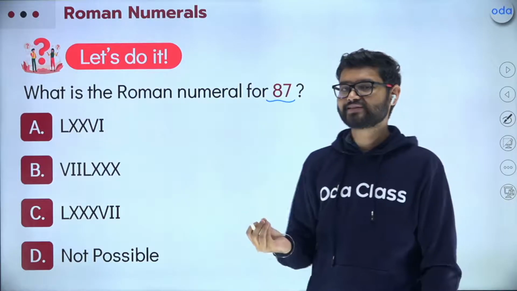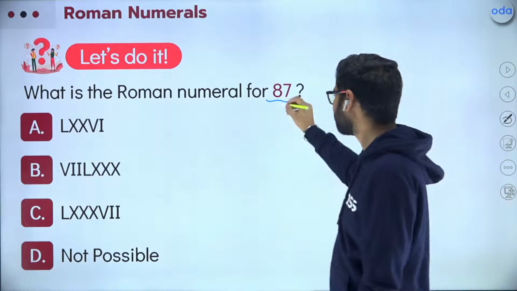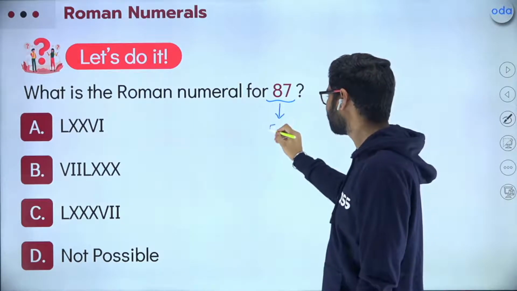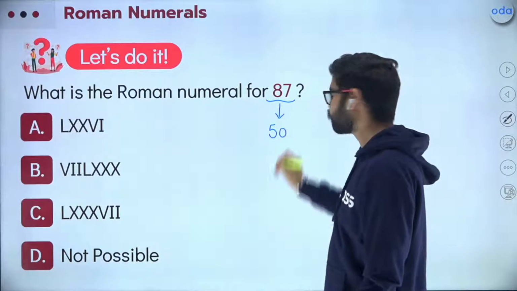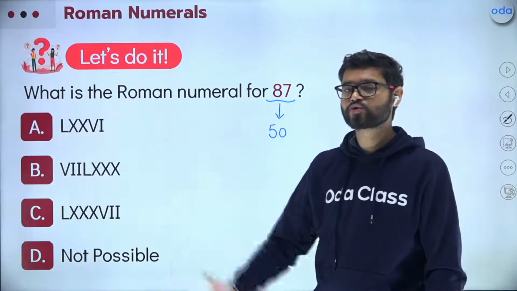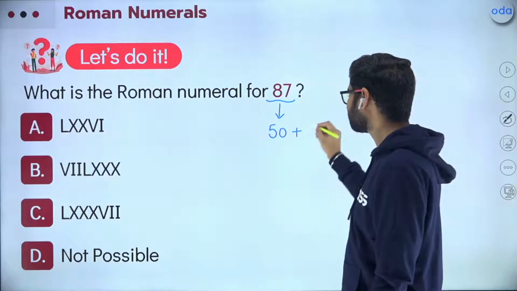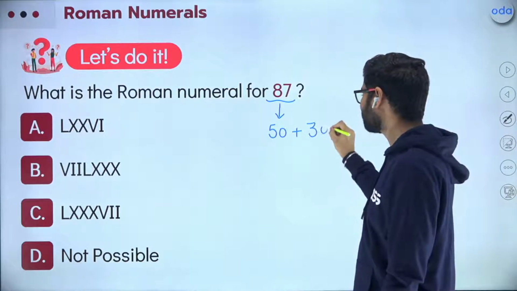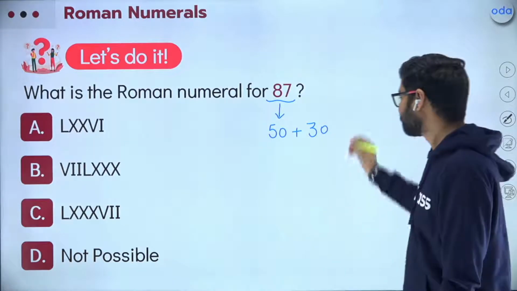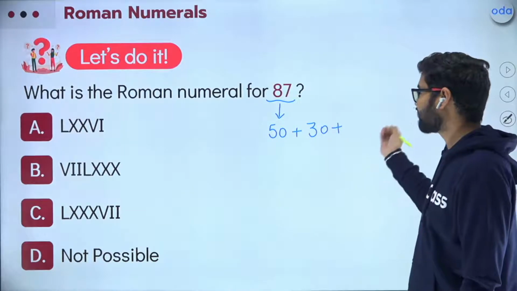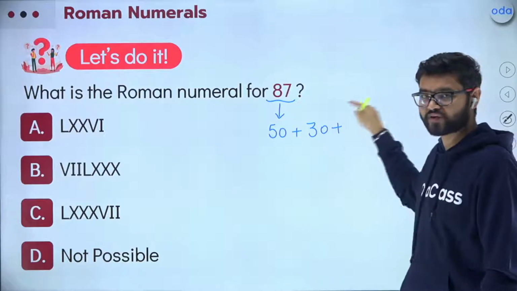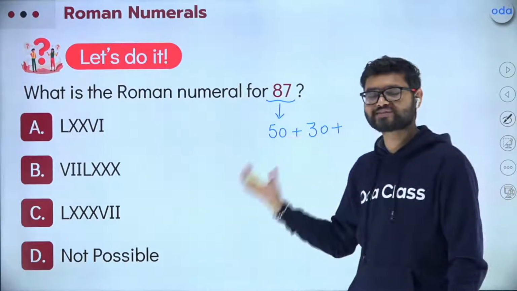Now, what is the easiest way to write 87? For me, this is 50. Why 50? Because I know how to write 50 using Roman numerals. 50 plus 30. Why 30? Because I know how to write 30. 50 plus 30 is 80, plus 7. But I cannot write 7 over here because I don't know any symbol for 7.